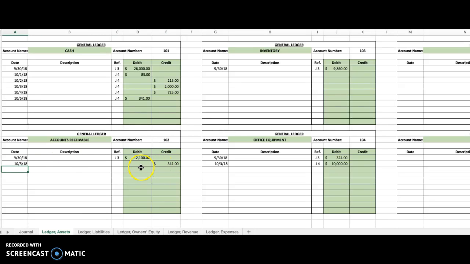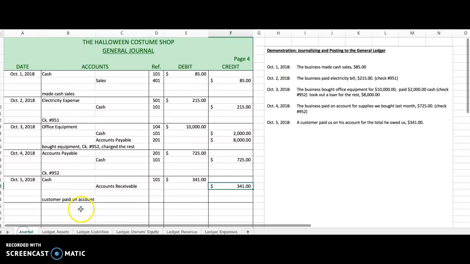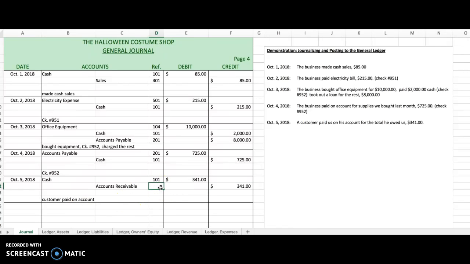This doesn't show us who it is. We'd have to go to a subsidiary ledger. We'll learn about that much later to find out exactly who that customer was. But somebody paid us $341, so they owe us less money. This came from J4, and this account is 102. And so we go to the journal and put in 102.